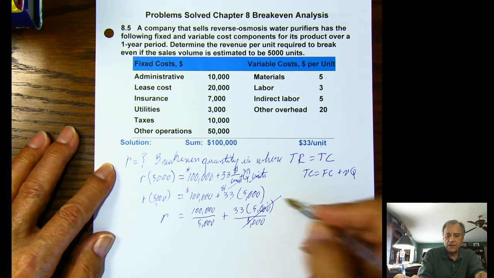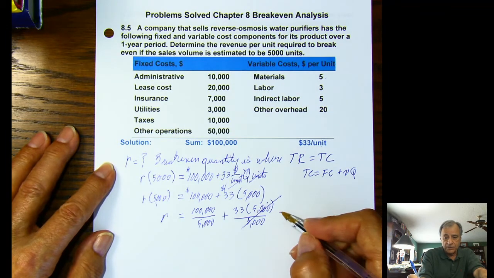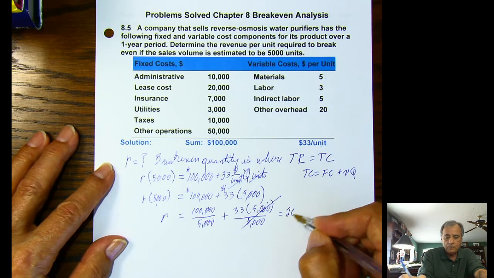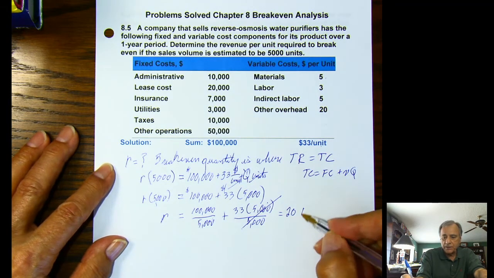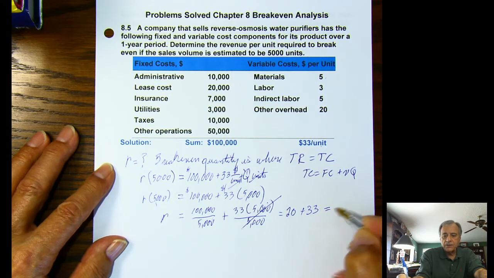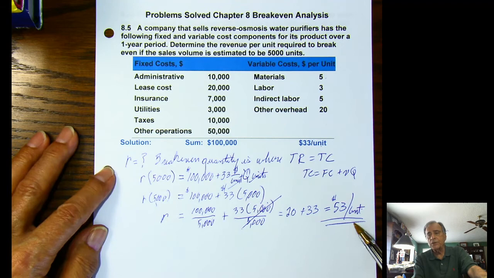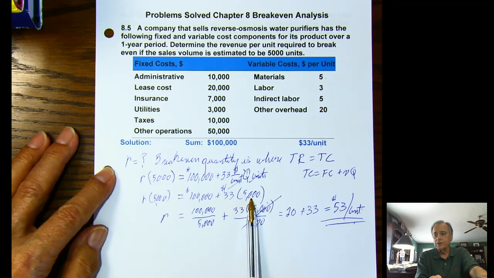So these 5,000s will cancel, and this 100,000 becomes divided by 5. 100,000 divided by 5 is 20,000, so that is 20 plus 33. That gives us $53 per unit. That must be our revenue per unit in order to break even if we sell 5,000 units.